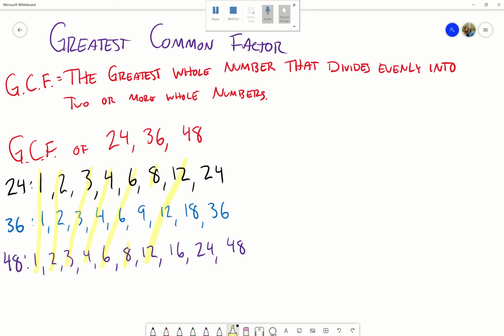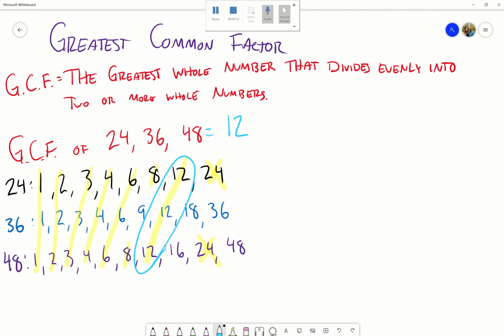And then over here I have a 24 and a 24, but since it's not in common in 36, it doesn't count. So it looks like our greatest common factor, the biggest number that's in common in all three of these numbers here, is 12. So I could say, all right, my greatest common factor is 12.